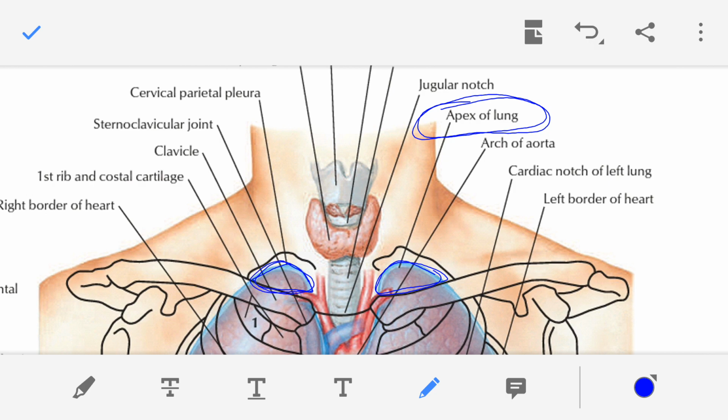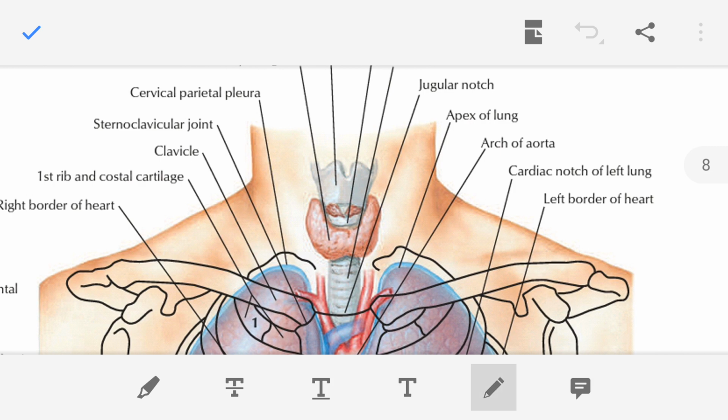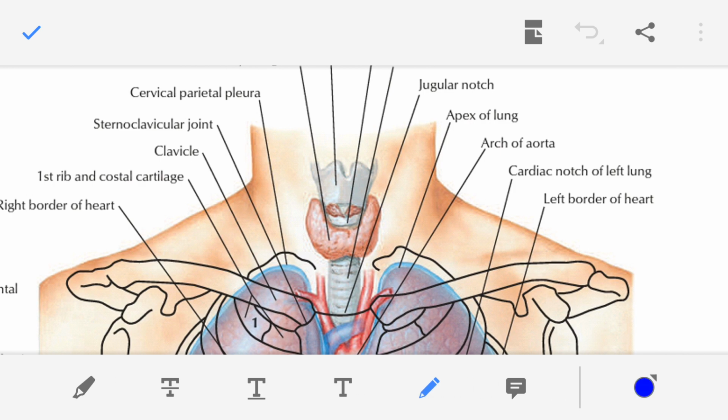So the apex of the lung is just above the clavicle. Here the clavicles are shown, and some part of the lung is crossing these clavicles. This portion which is above the clavicle is known as the apex of the lung.